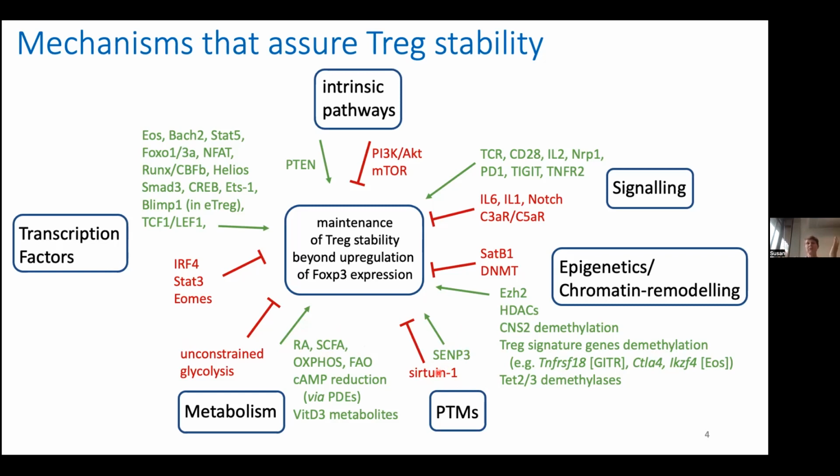For instance, TIP60 or P300 acetylate FOXP3 to increase its protein stability, while sirtuin-1 actually does the exact opposite, it deacetylates, and thereby, of course, presents a threat to stability. So what I'm trying to say with this is that Treg stability is very neatly regulated and is a very complex matter, actually.